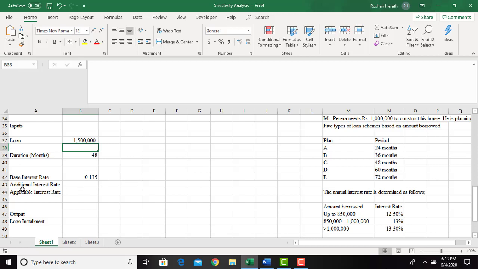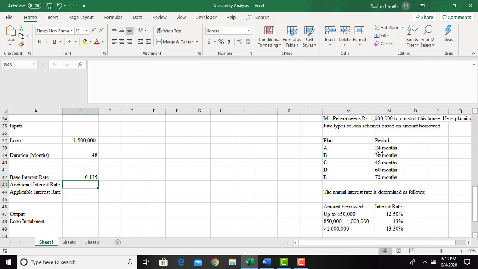Then what you have to do is take the additional interest rate. How is it determined? If you settle with plan A, no additional interest rate is there. But if you go for plan B, then you have an additional 0.5. If you go for the next plan, plan C, again another 0.5.